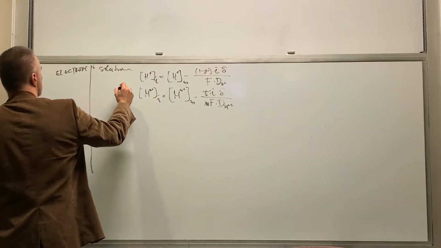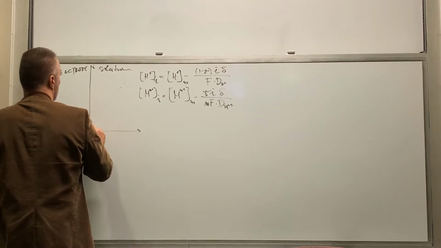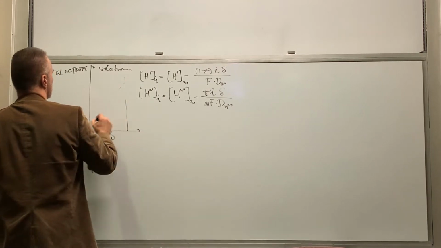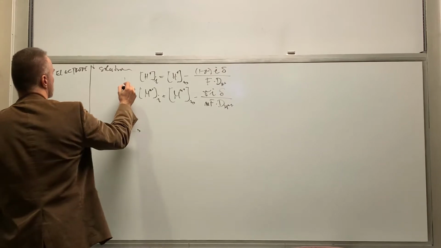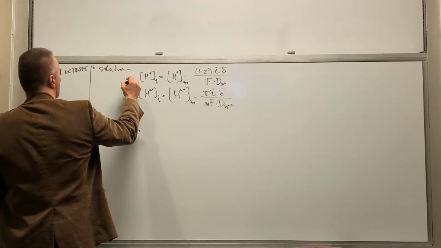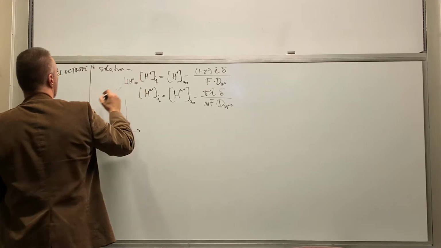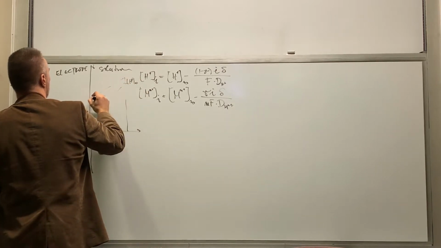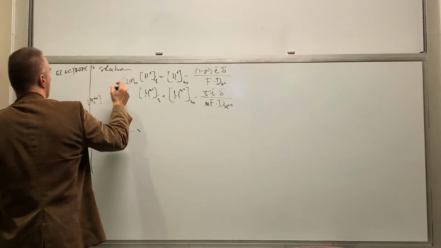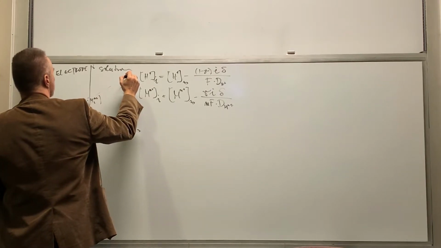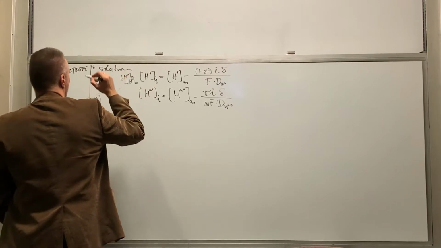Basically what it really means is there will be some gradient of the concentrations for H plus at the interface versus the bulk, and the same for the metal ions, right? Okay.